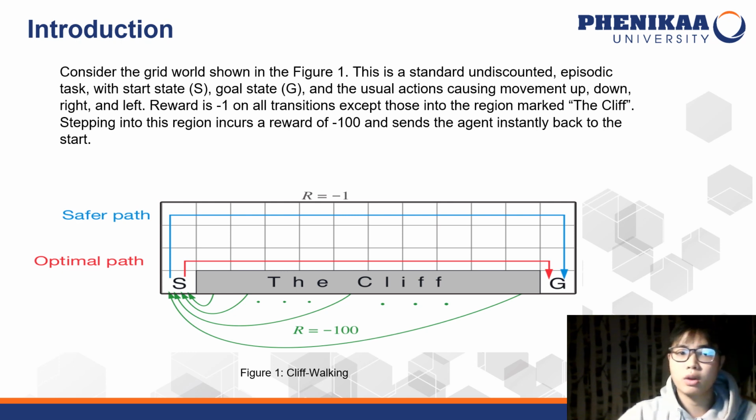The reward is -1 on all transitions, except those into the region marked cliff. Stepping into this region incurs a reward of -100, shown here with the gray line, and sends the agent instantly back to the start. When the agent moves into the cliff and goes back to the start, we do the episode again.